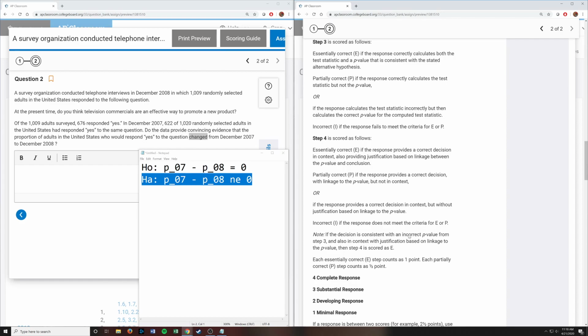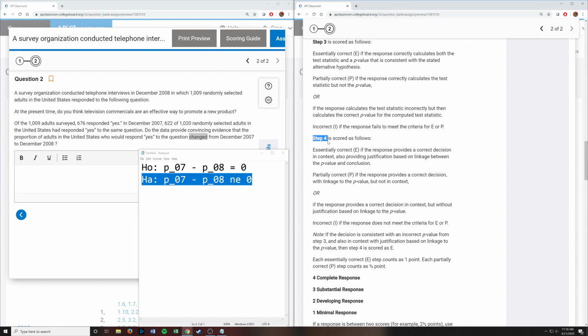Let's see. Oh, if you have the wrong p-value for some reason, if you made a mistake somewhere, but your decision is consistent with it, and you give everything in context, then for step 4, which is just the decision and conclusion, you can still get an E. And essentially correct the most points possible, even if your p-value is wrong from the previous step. Okay, so again, even if you do the test wrong, you can still get parts of the question entirely correct.